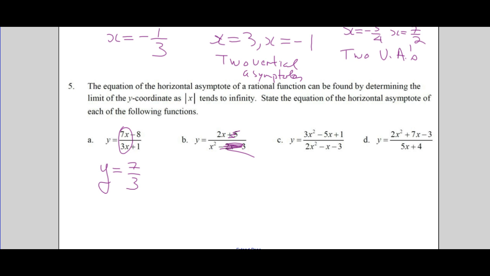So we're really left with like 2x over x squared, which is really 2 over x. And if x is getting really large, what's 2 divided by a really large number? What's 2 over 1 billion? 0, pretty much. So this will be 0.